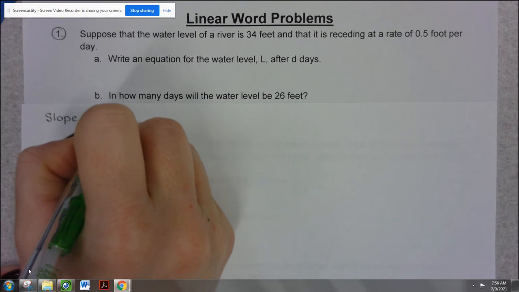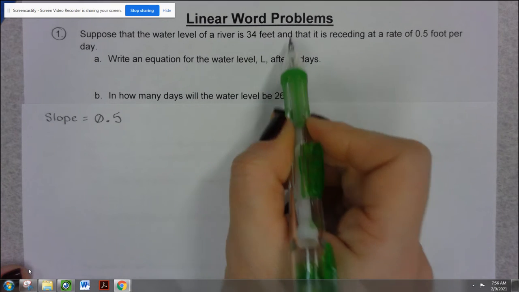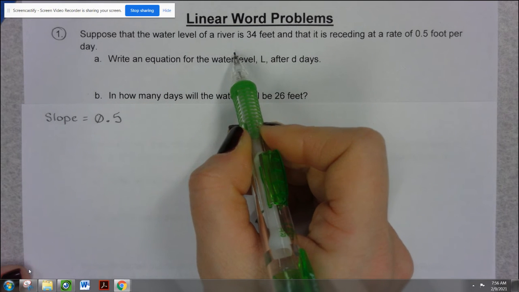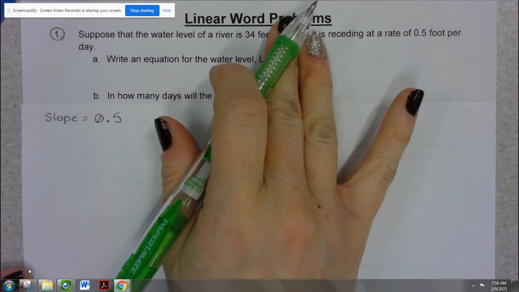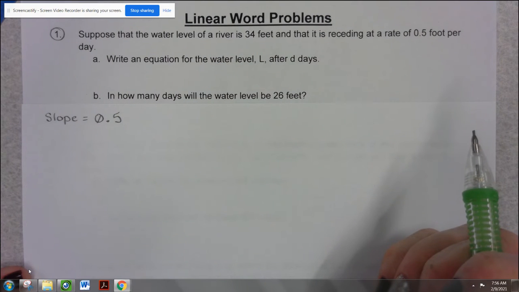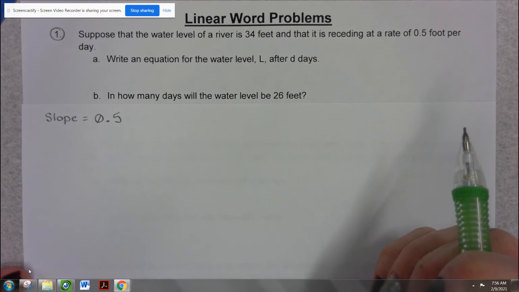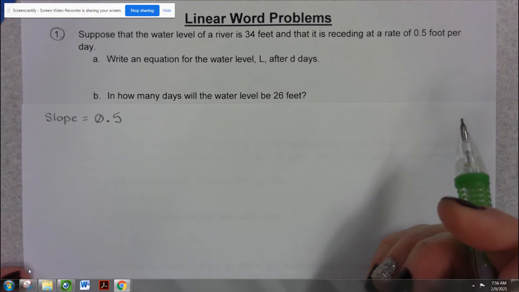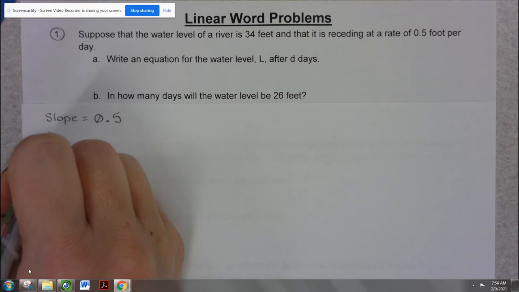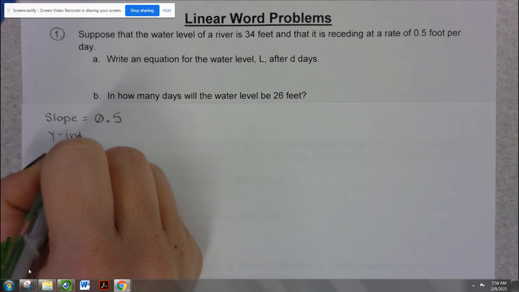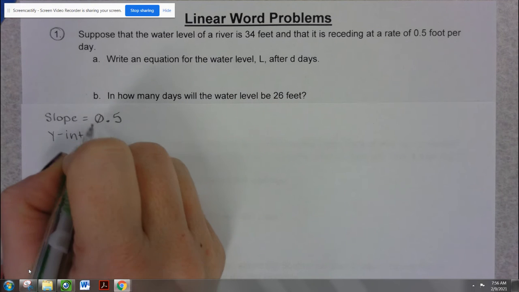Now I have to figure out what this 34 feet means. Well, that 34 feet is my starting value. So that I would consider my y-intercept because that's at day 0.